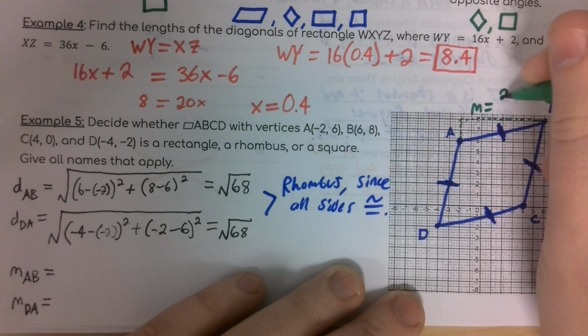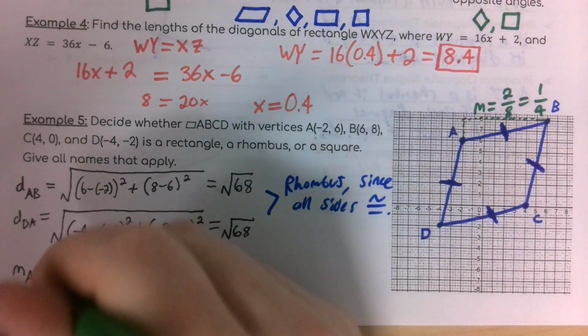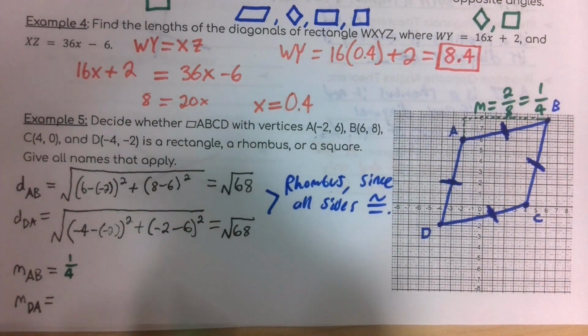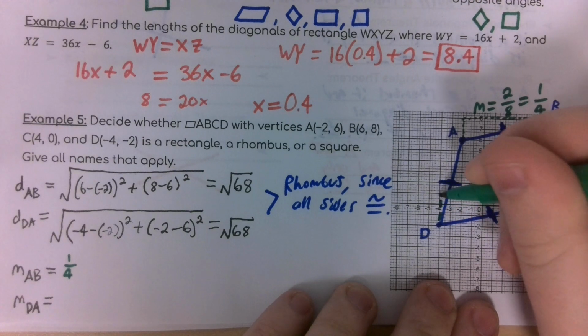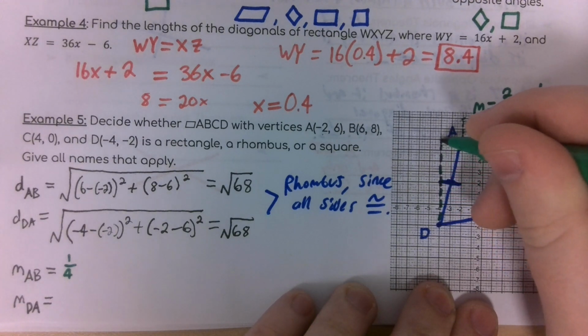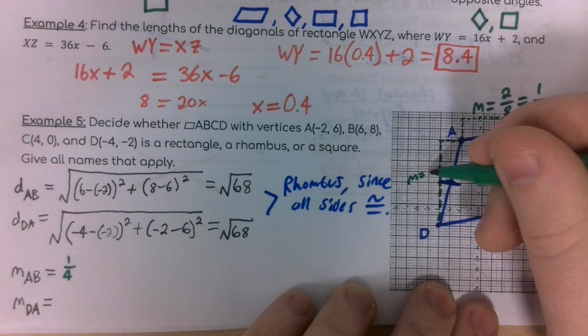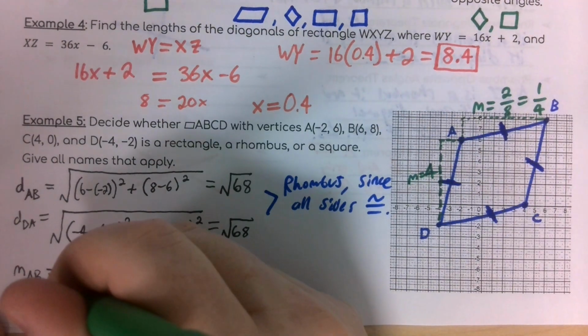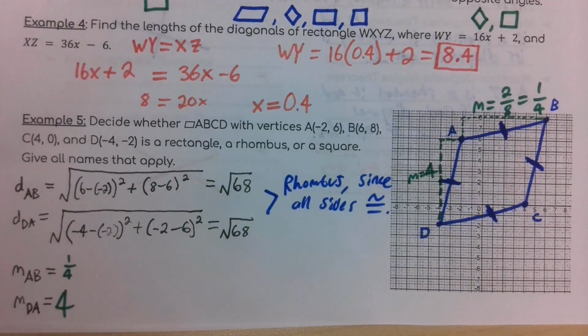So the slope is 2 over 8, or 1/4. To go from D to A, we go up 8 over 2. Up 8 over 2 means the slope is 4, because 8 divided by 2 is 4.